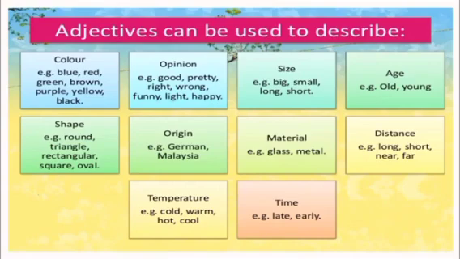Time, for example, late, early. So, adjectives can be used to describe color, opinion, size, age, shape, origin, material, distance, temperature, and time.